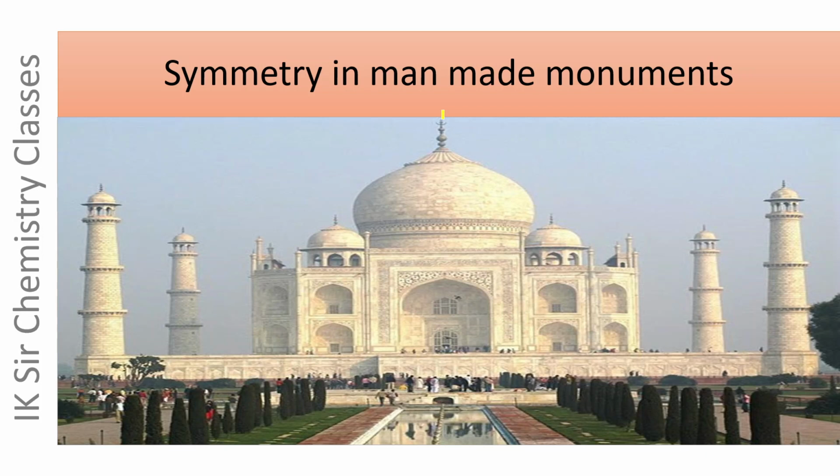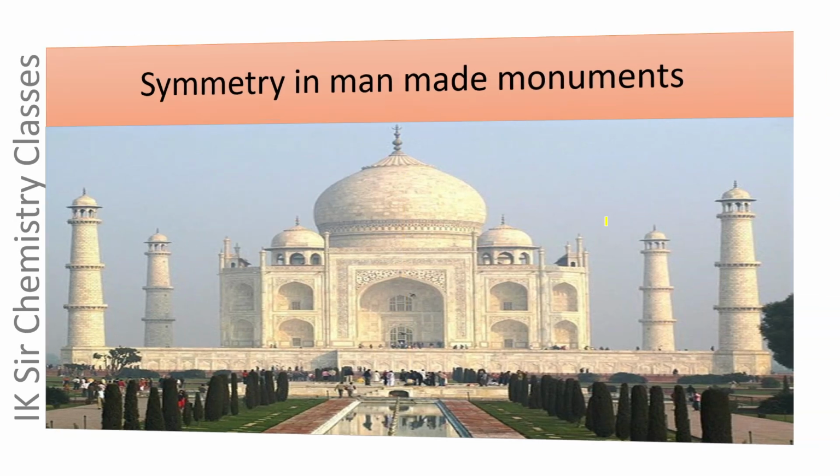This line divides the Taj Mahal into two equal halves which are just mirror images of each other, and similar types of structures are present on both sides of the Taj Mahal. This tomb is similar to this one, and this portion of the Taj Mahal is similar to this one. Thus, we can say that the Taj Mahal is also symmetrical in nature.